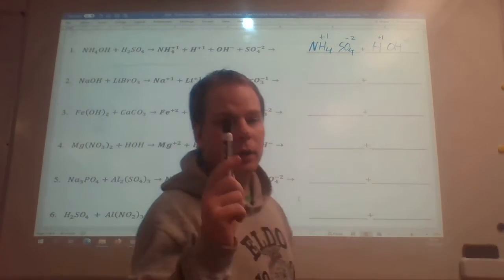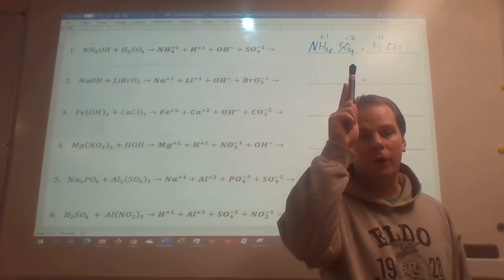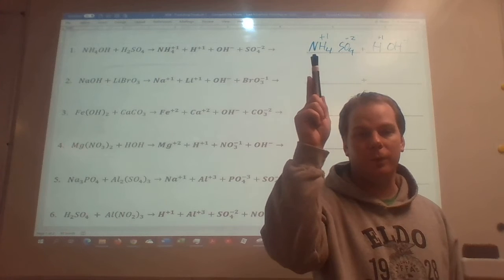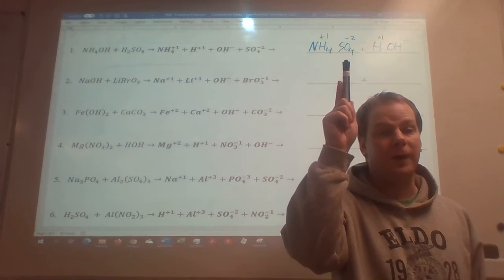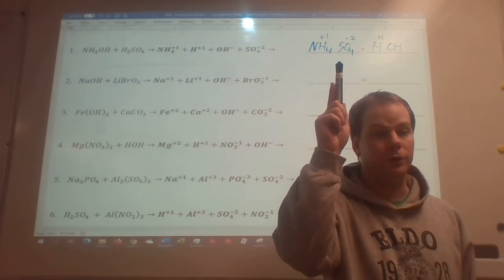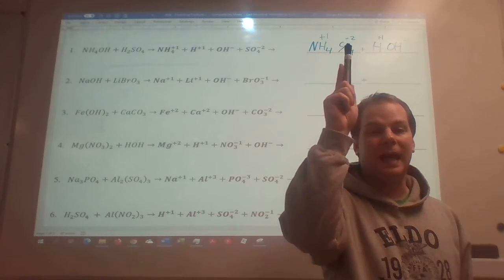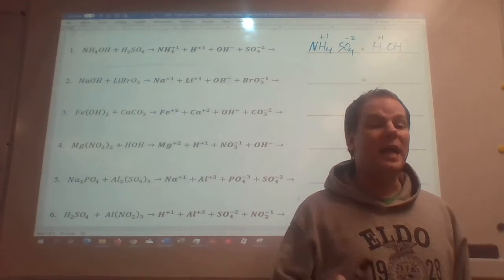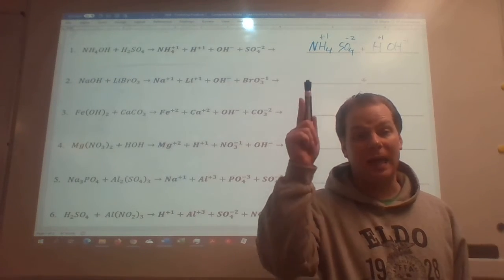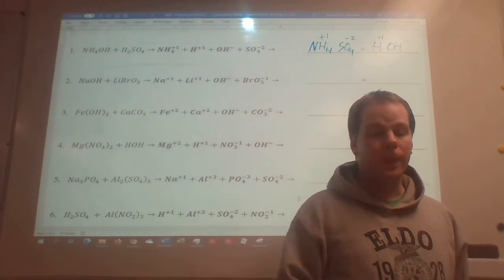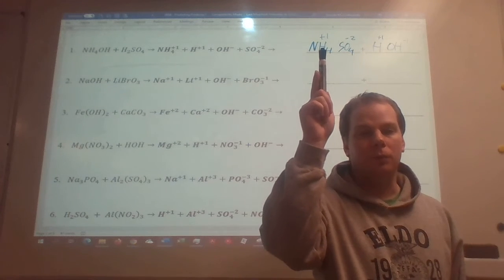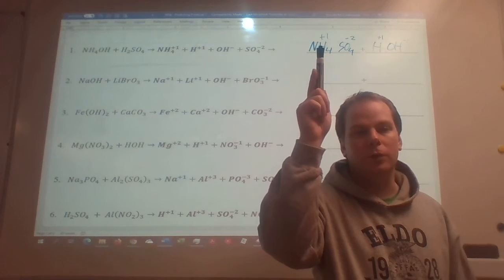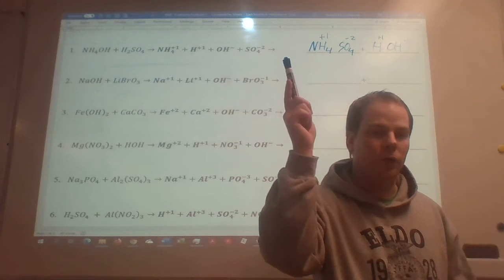Now, if we look at ammonium sulfate, which is what this would be called, ammonium has a +1 charge, while sulfate has a -2 charge. So these do not cancel. What we have to do is get these charges to cancel. Well, if this is +1, what times 1 will give you 2? Well, it's going to be 2.